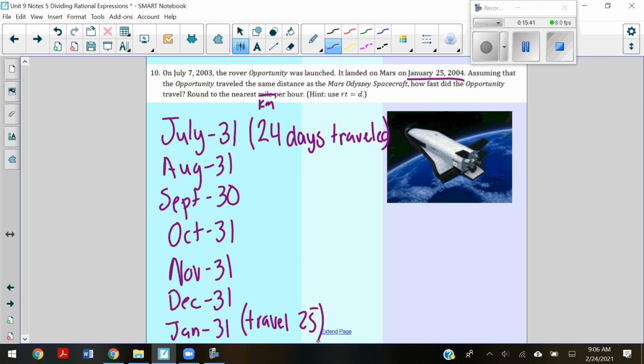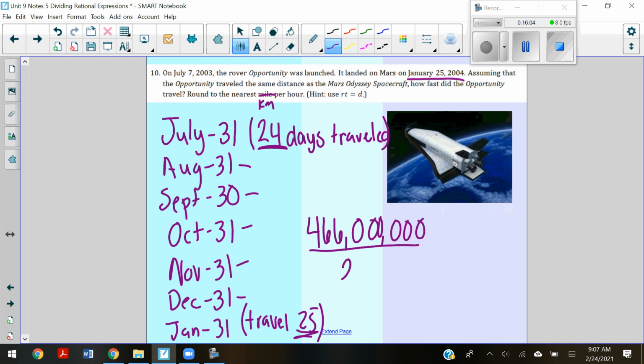So go ahead and take this 24 plus your 31, 30, 31, 31, 31, and 25 to find out how many days it took for this Mars rover to travel the 466 million kilometers.